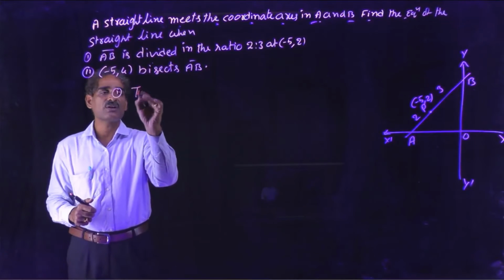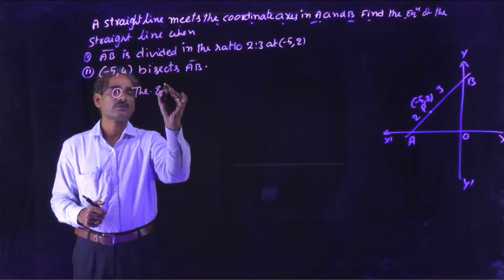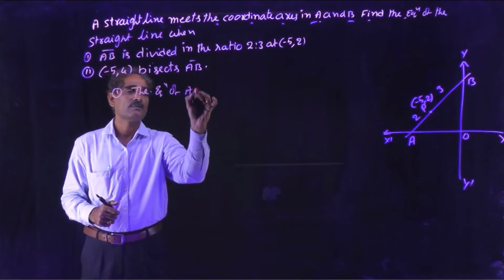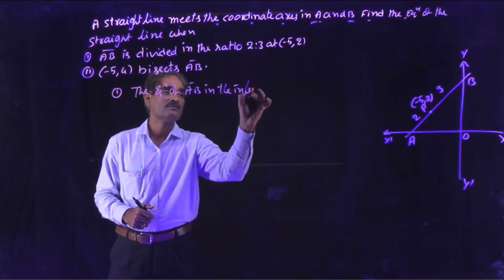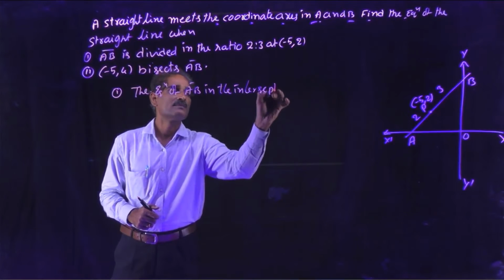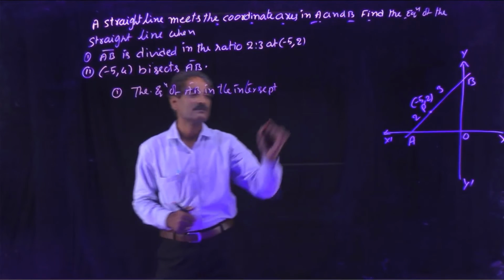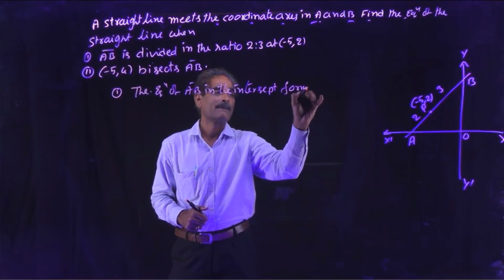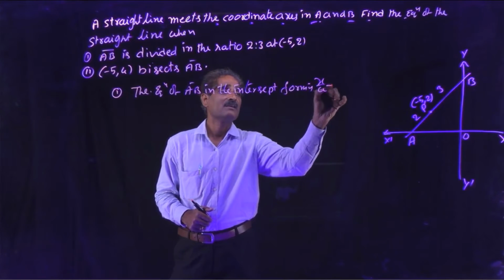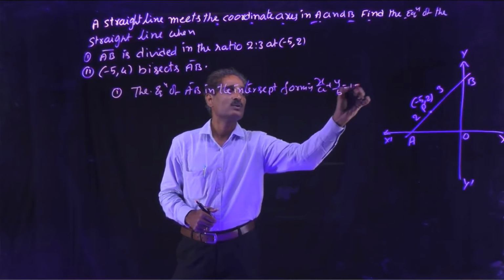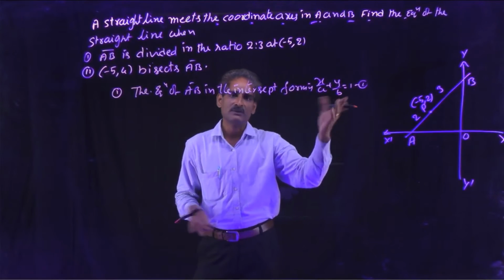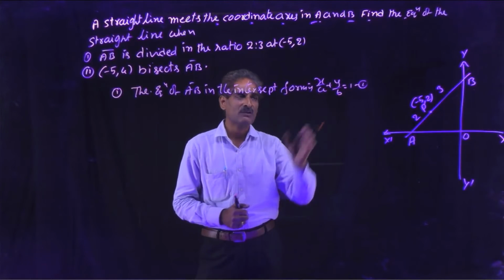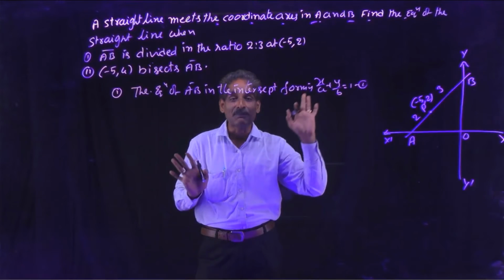The equation of AB in the intercept form is x/a + y/b = 1. If you know a and b, we will get the equation. Here our aim is to find the a and b values.